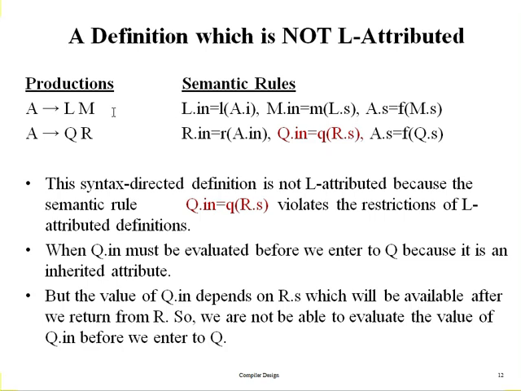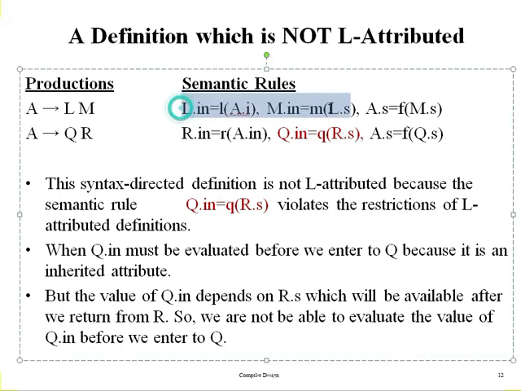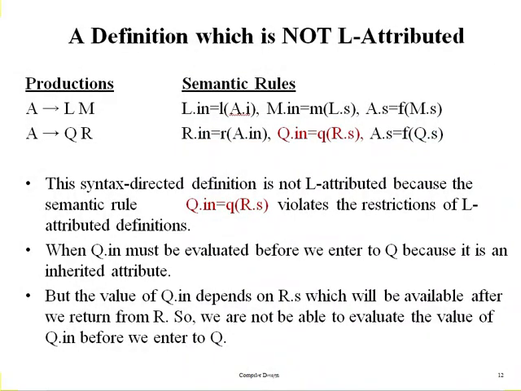For the first production rule we have the first semantic rule, and for the second production rule we have the second semantic rule. So this is an attributed grammar, because each production rule of the grammar is associated with a corresponding semantic rule.